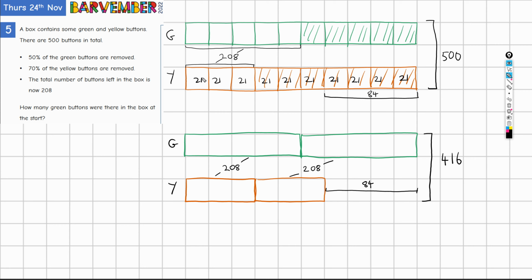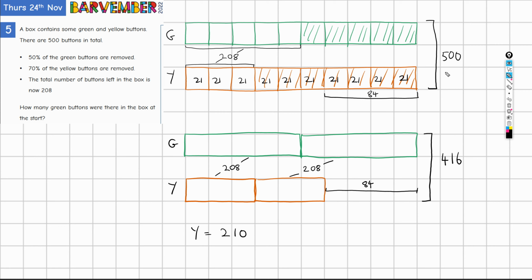Now, what does that tell us? Do these have a value of 21? No, we can't assume that, because right at the beginning, I said they are different. But we do now know how to calculate how many yellow buttons there were at the beginning, which is 21 times 10, so the yellow buttons total 210.